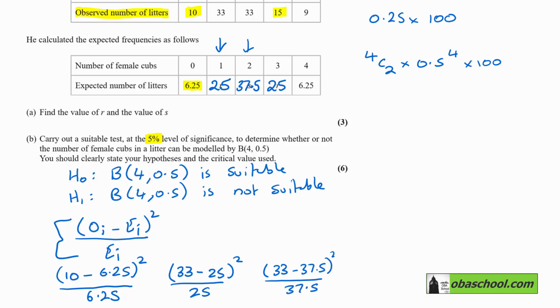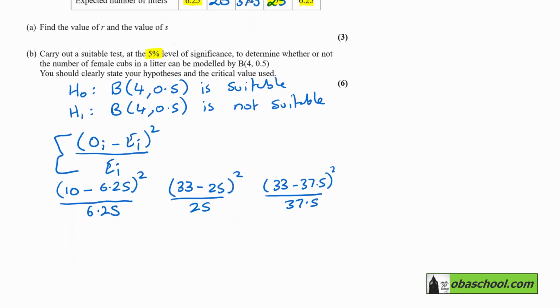So the next one's 15 and 25, and then we've got 9 and 6.25. So we'll just calculate those. So we have 15 take away 25 squared over 25. And finally, we've got 9 take away 6.25 squared over 6.25.